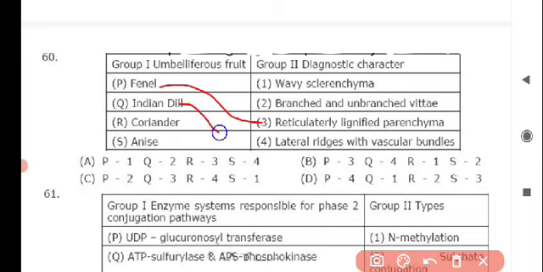For Indian dill, the correct answer is option number 4, that is lateral ridges with vascular bundles. For option R, that is coriander, the correct answer is option number 1, that is wavy sclerenchyma. And for anise, the correct answer is option number 2, branched. So for this question, option B is correct.